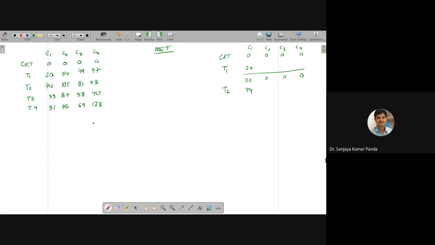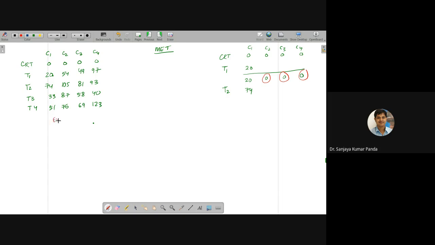Here you can see C2, C3, and C4 are completely idle. Even if they are completely idle, this MET algorithm does not consider that. It simply ignores that and chooses a cloud based upon the execution time matrix.